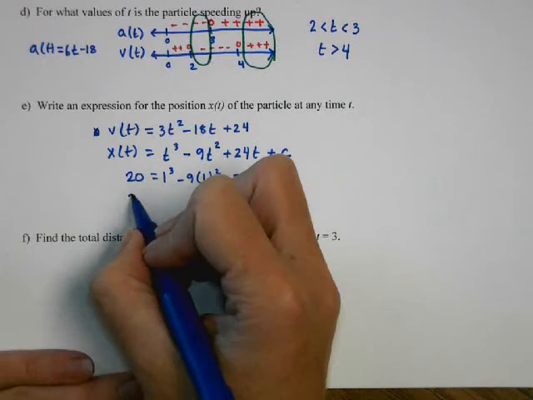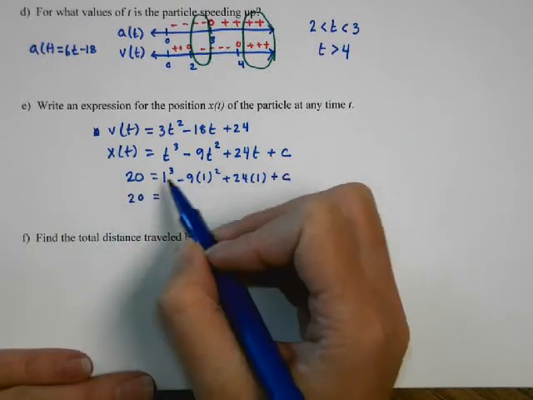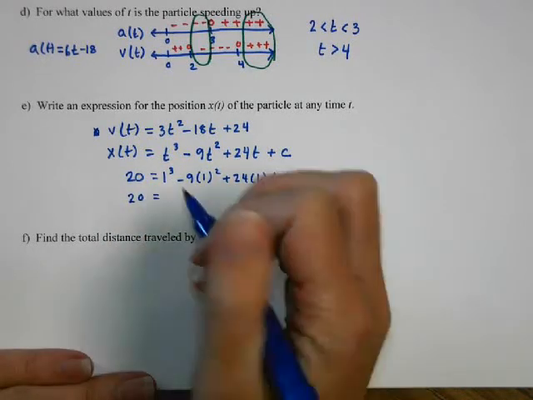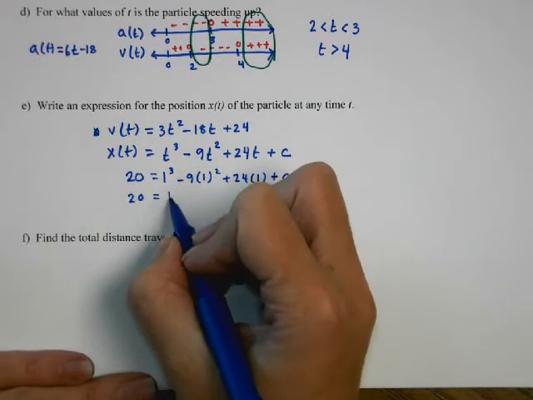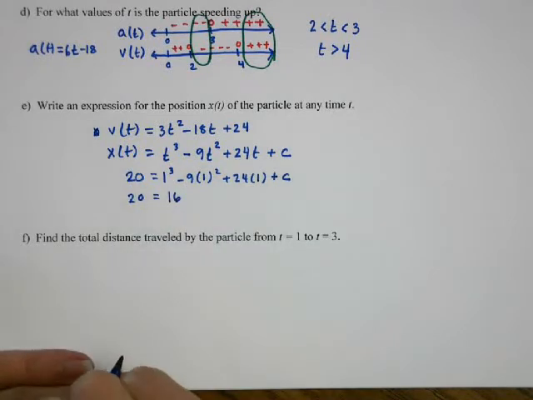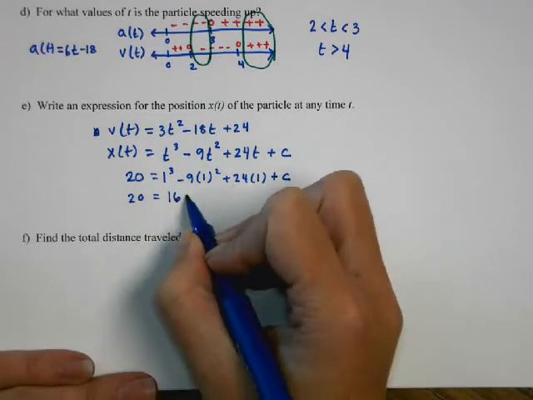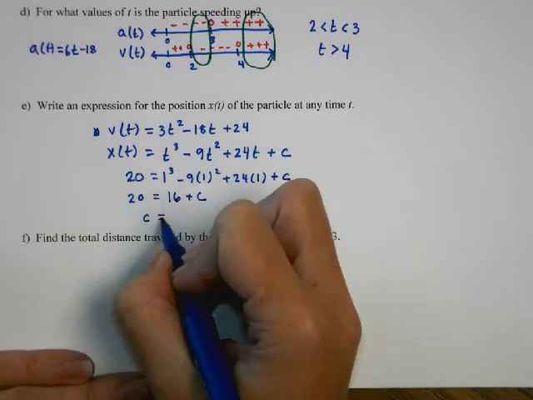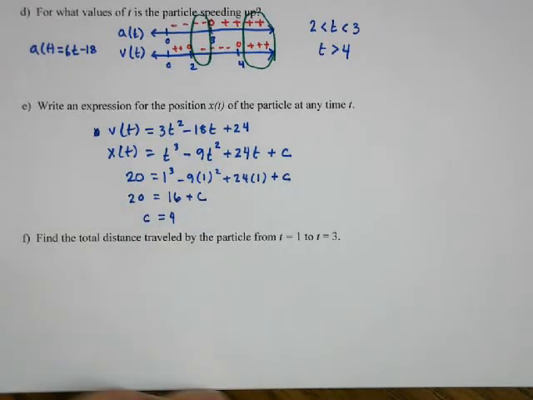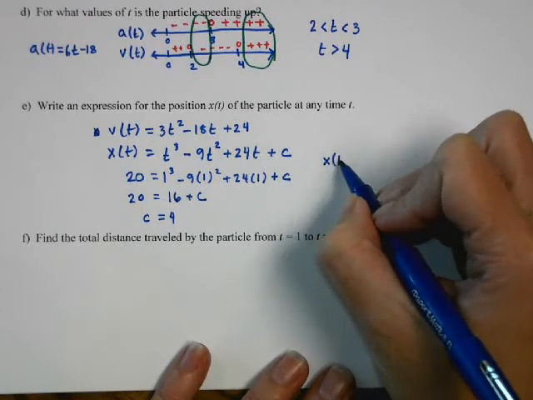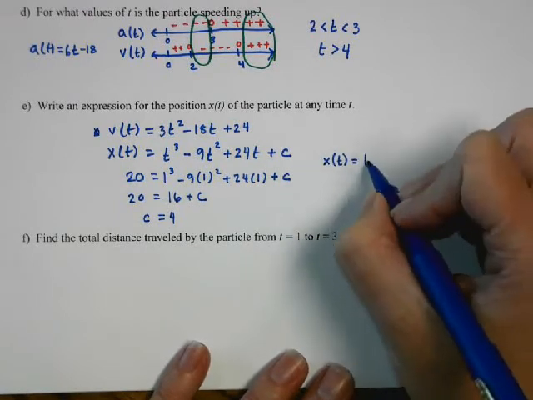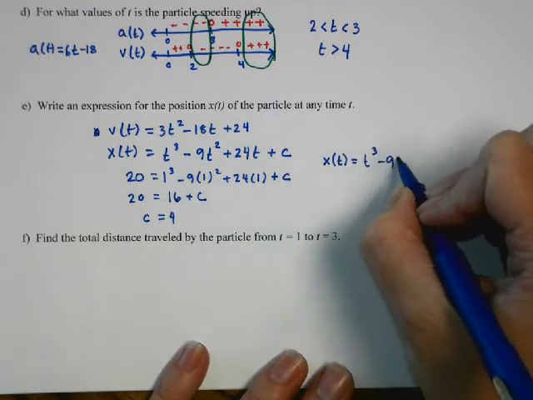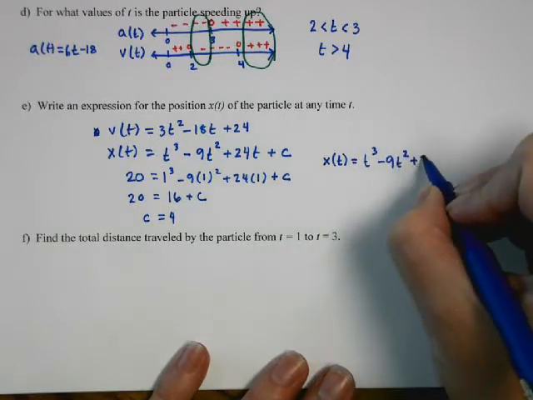So 20 is equal to 1 minus 9 plus 24, which gives us 16. So our c is 4, which means our position equation is t cubed minus 9t squared plus 24t plus 4.